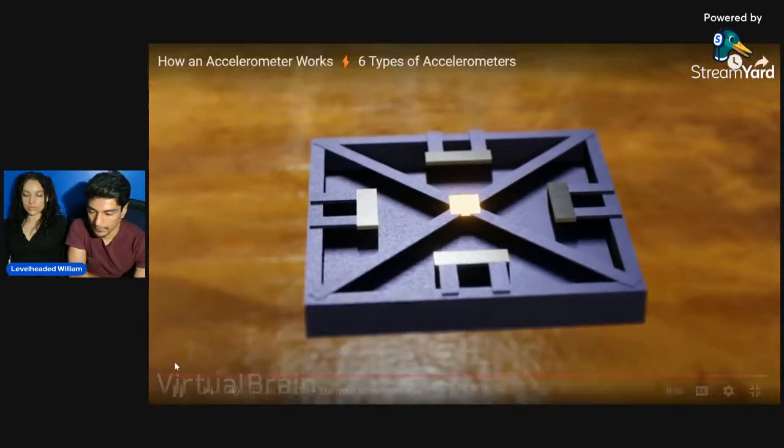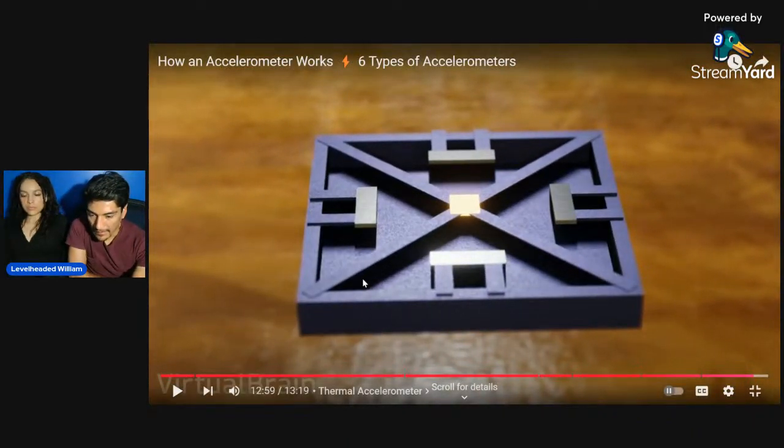Of course, not everything is perfect. Again, it doesn't have any moving parts, but it still displaces the heat. When you accelerate this, the heat is going to displace, and that's how you're able to determine when there is a force. Not only that, depending on where the heat displaces, it's going to tell you the direction that force is being applied.